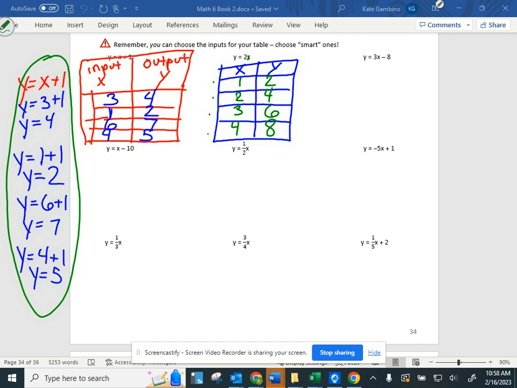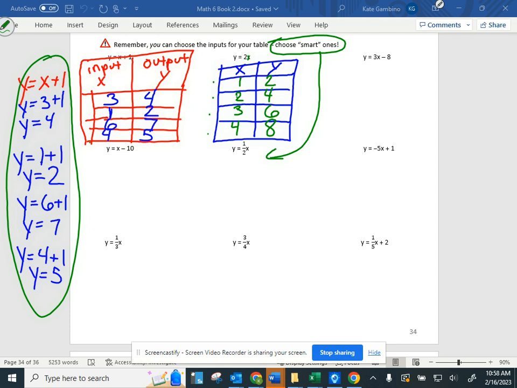Here, choosing the smart ones comes in handy. Let's look at this one. There's a fraction. If we're going to be graphing, is it easier to graph a whole number or a fraction?